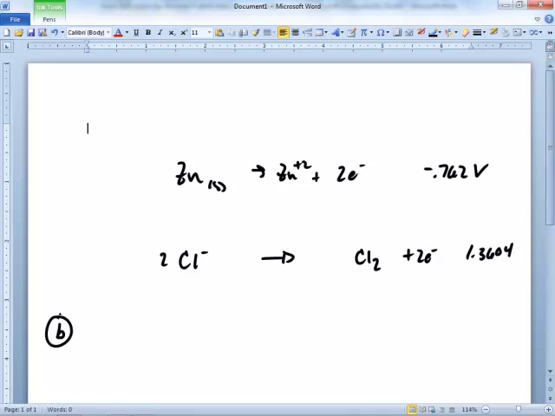Okay. Part B, you have 1250 amps. And I'm going to write the units for an amp: 1250 coulombs per second, for 85 minutes, and kilograms of chlorine.